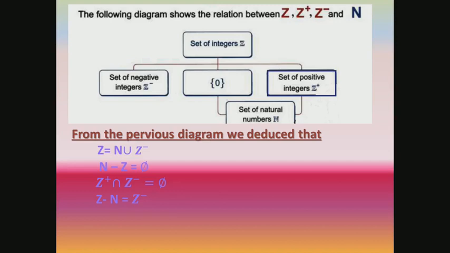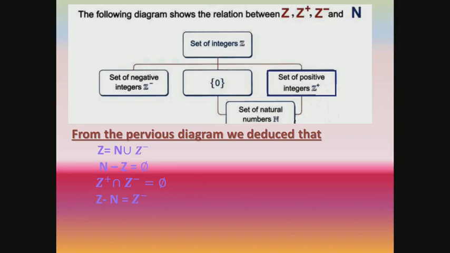Natural numbers consist of 0, 1, 2, 3. So N is 0 and Z plus. From the previous diagram, we deduced that Z is equal to N union Z negative. Why? Because we said N is 0 and Z positive.